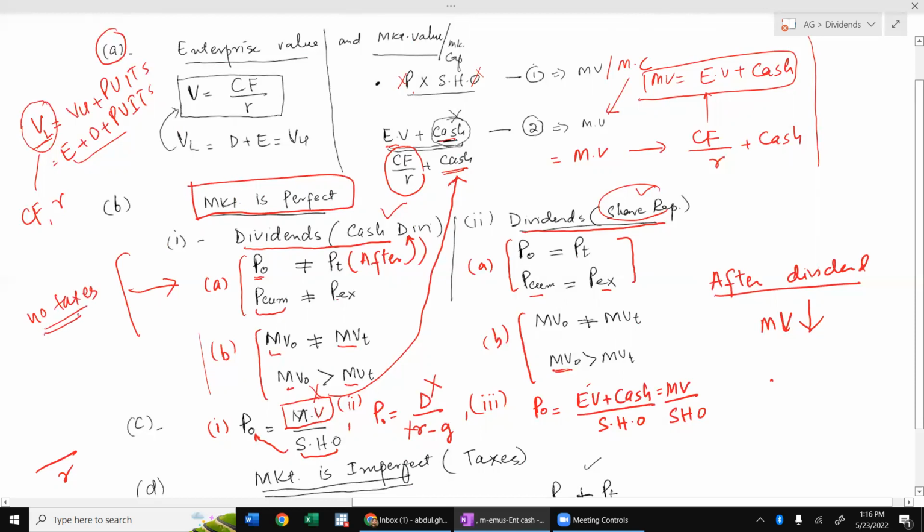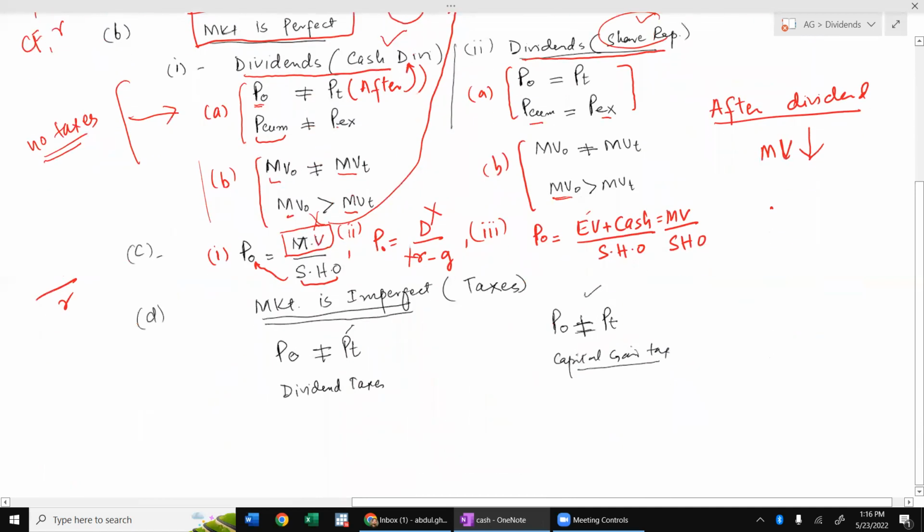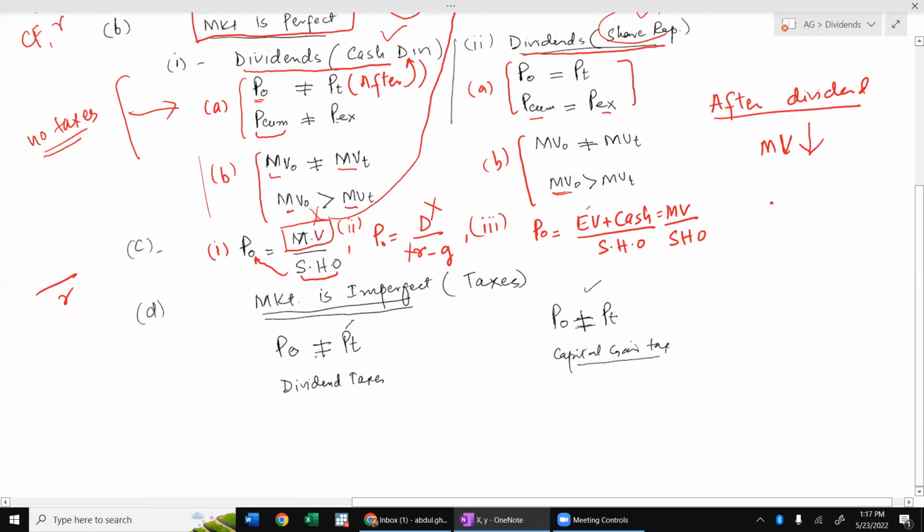But if there are taxes, then in both cases they are not equal. Previously share repurchase was equal, but now it will also not be equal to before and after. So this is the thing that you need to remember.